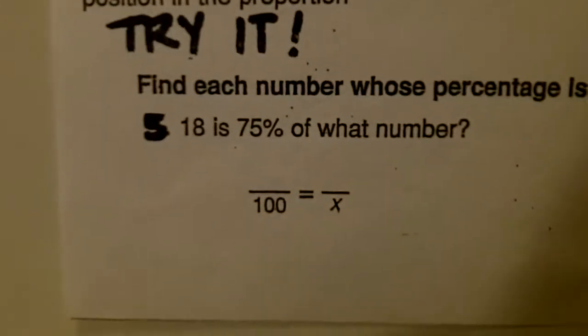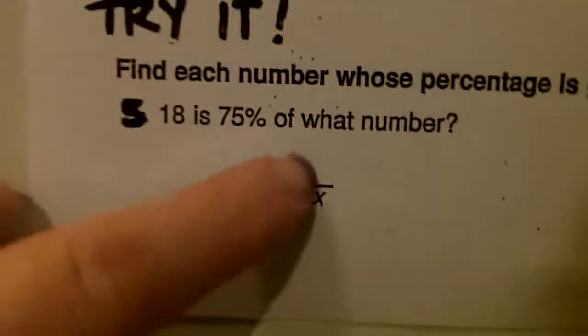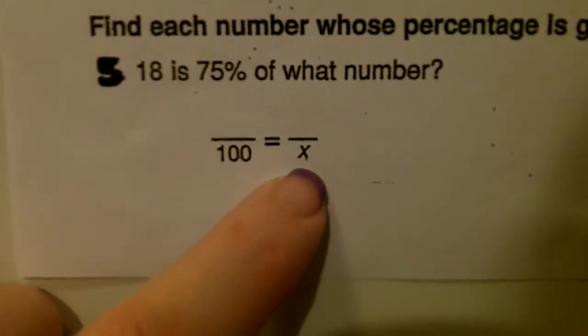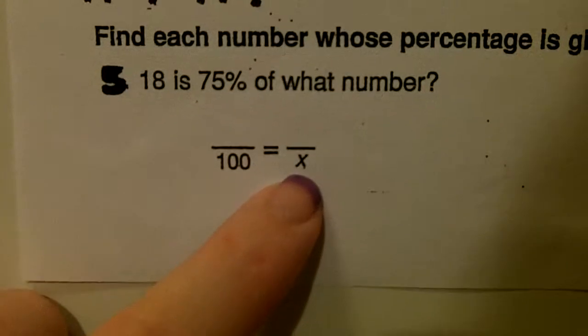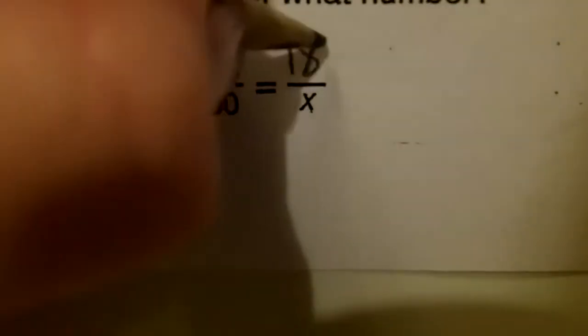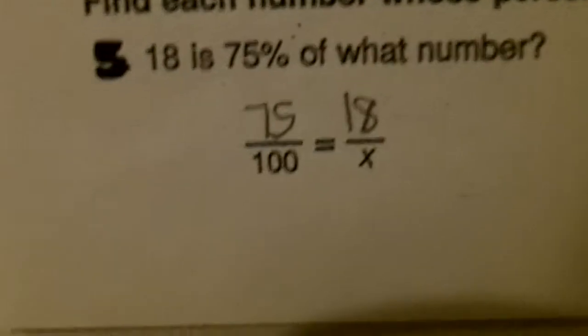Let's try a couple of problems together. 18 is 75% of what number? You'll notice that we have of what number we don't know, so there is an x in that spot on our proportion. We do know the percent is 75, and we need to put 18 in our is spot.